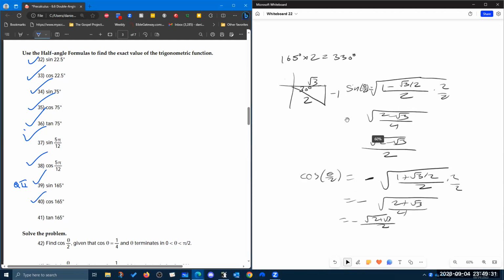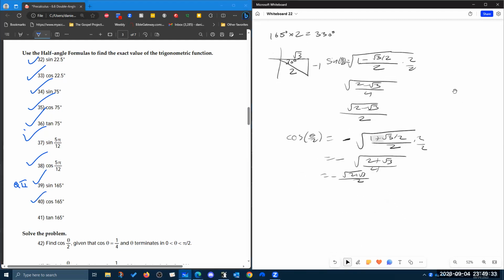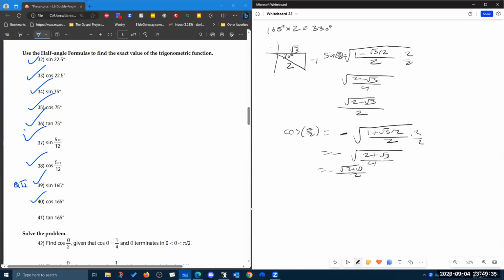And I'm going to take those two values that I just calculated. I have sine divided by cosine.